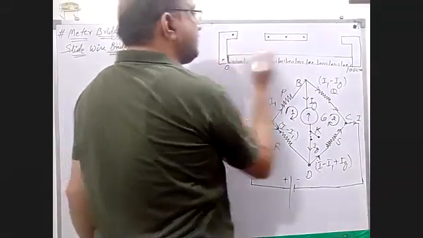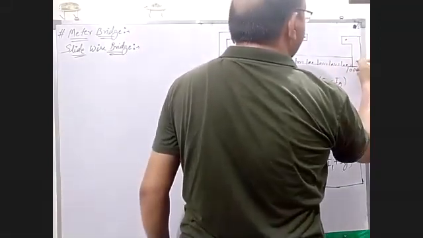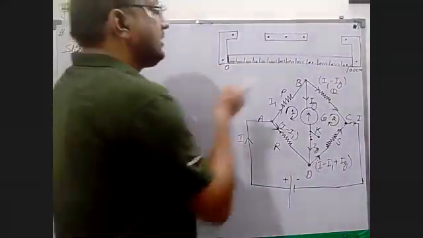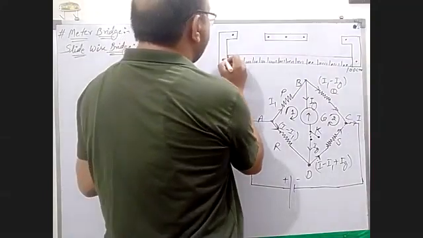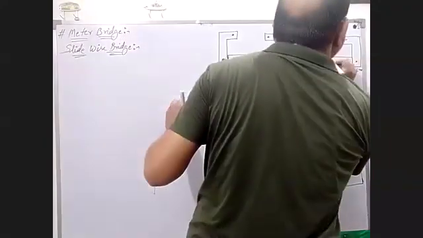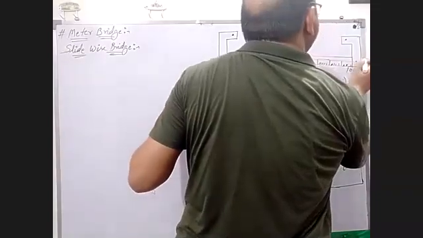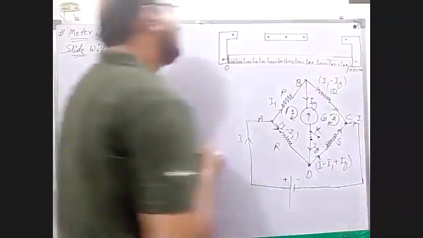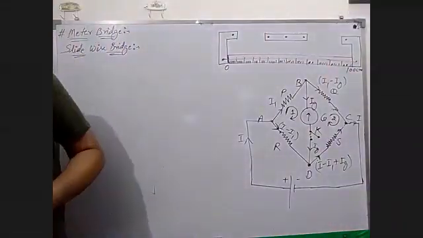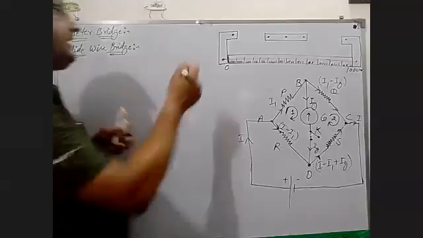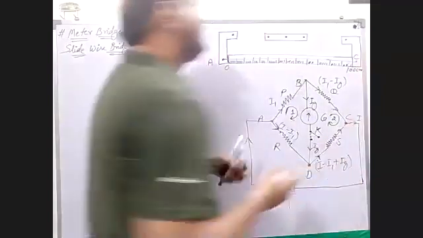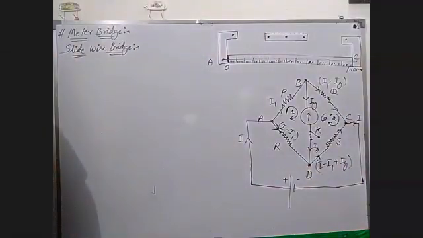There are these screws, and at this point, a constantan or manganin wire is there on this scale like this. This is point A and this is point C. You can assume here A and C are the end points of this meter bridge.